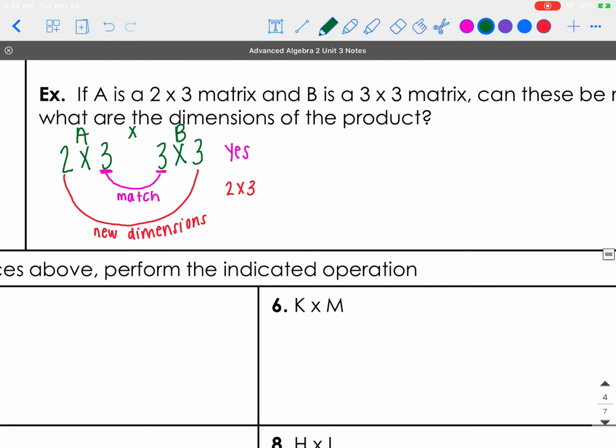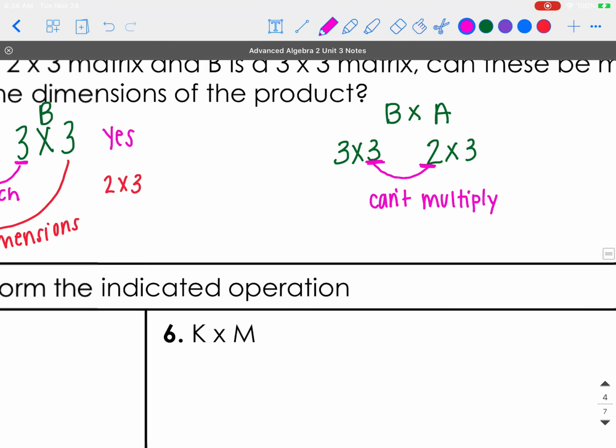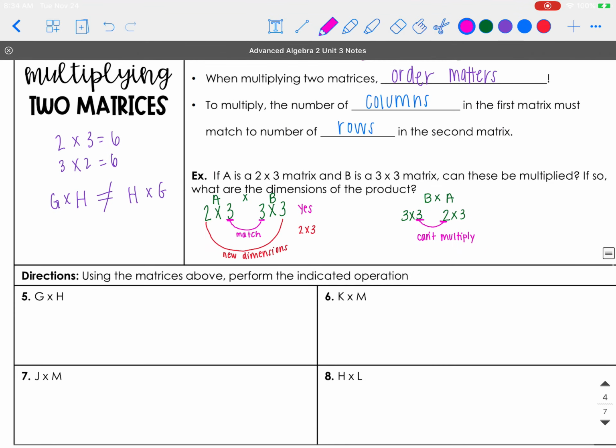Now let's see if we can do B times A. B is a 3 by 3, and A is a 2 by 3. If we try it this way, those aren't the same numbers. You cannot multiply those. That's why order matters. I can multiply A times B, but I can't do B times A.